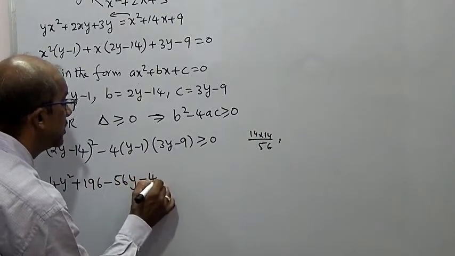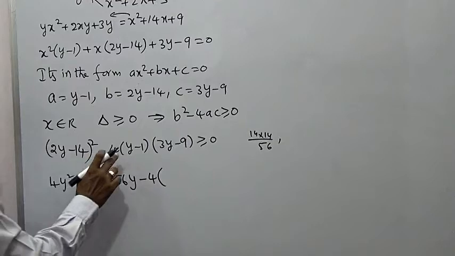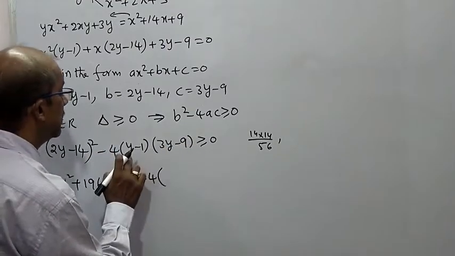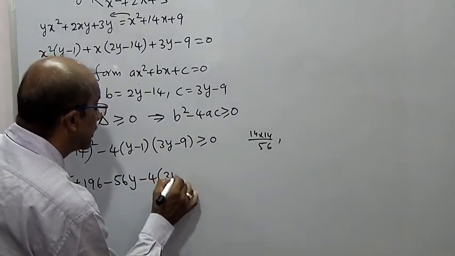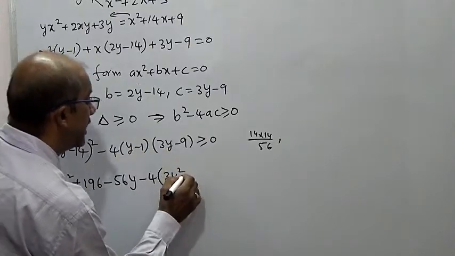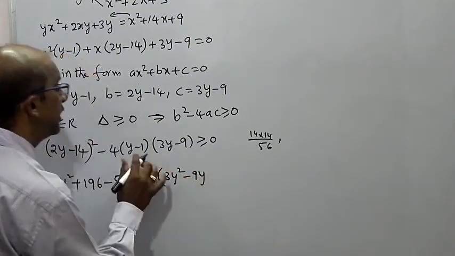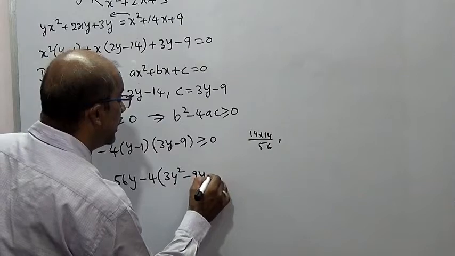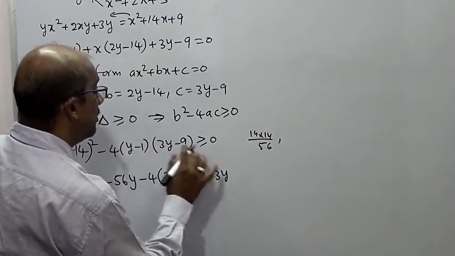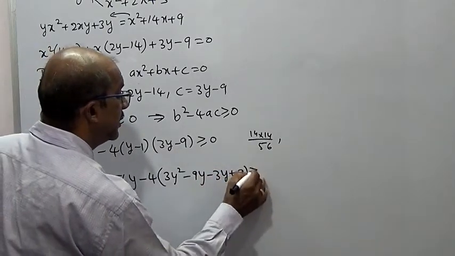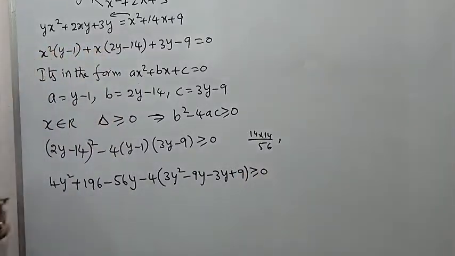Next minus 4 of, you should multiply y minus 1 with 3y minus 9: y into 3y, 3y square; y into minus 9, minus 9y; minus 1 into 3y, minus 3y; minus of minus, plus 9, greater than or equal to 0.